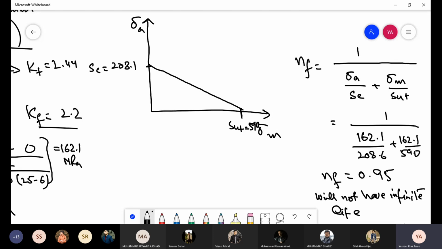So that means the sigma a, sigma m combination lies outside of this region. Okay. Now what should be our next step?